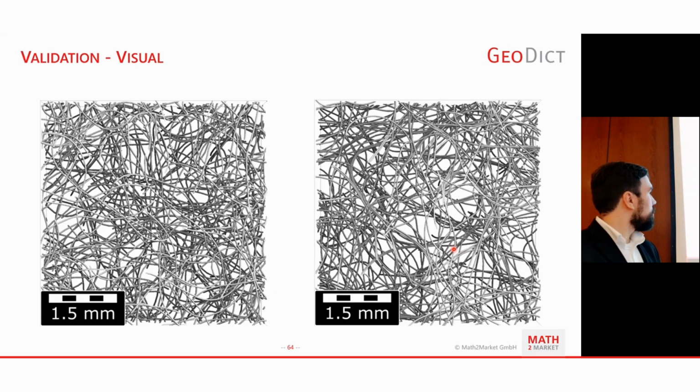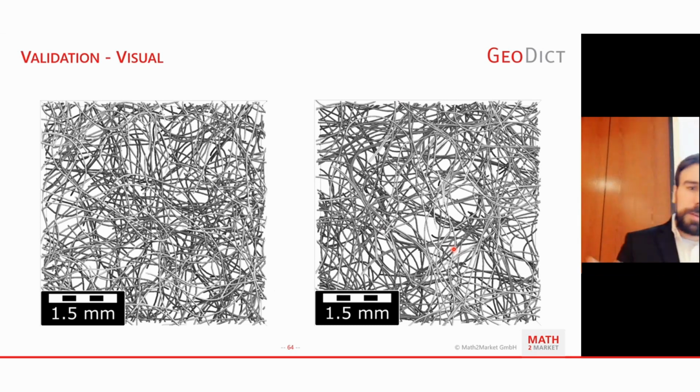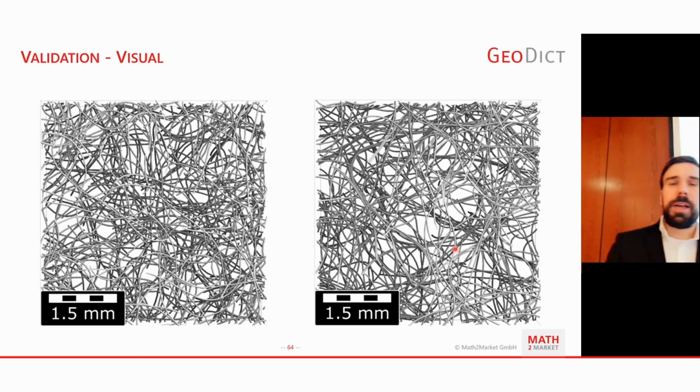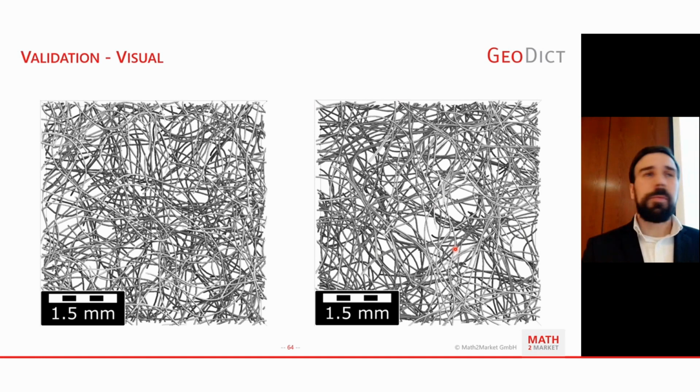We have another visual comparison looking at it from straight above. One thing one maybe can already tell is the usual issue you have with FiberGeo, that the real thing, of course, has a bit more inhomogeneity than the FiberGeo generated structure, but that comes down to having a large enough sample for your representative volume element.